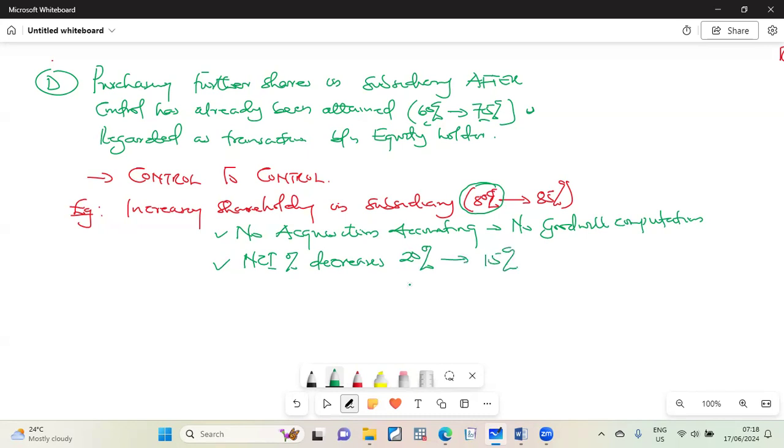15%. So what we are going to do is to find the difference in the consideration paid for the extra 5% and the decrease that has come inside the NCI. That is the comparison we are going to do.